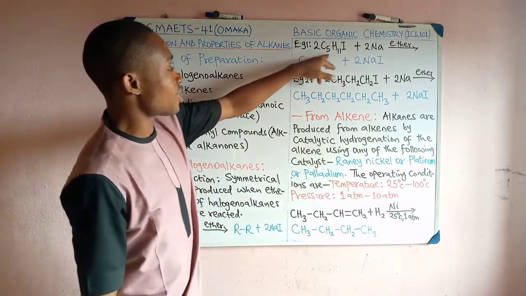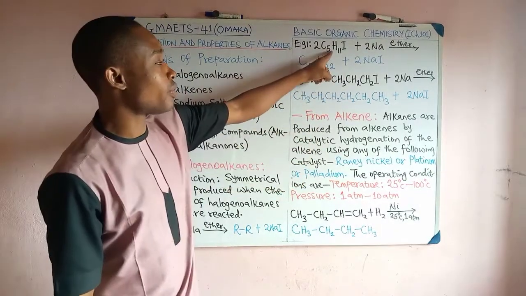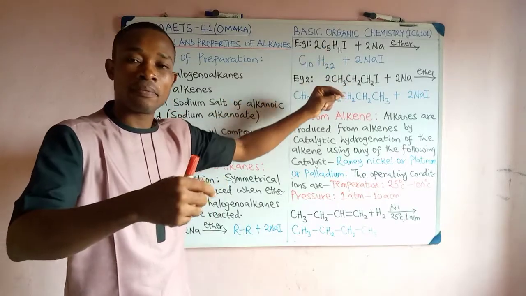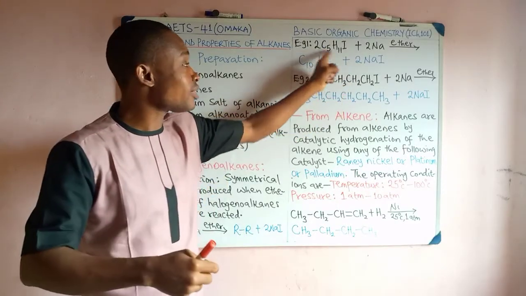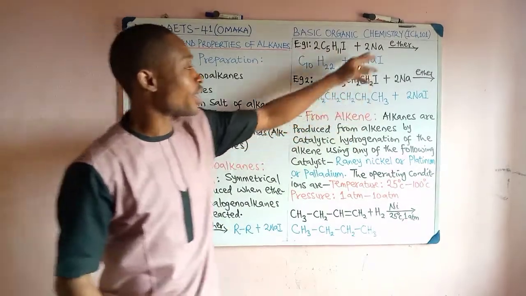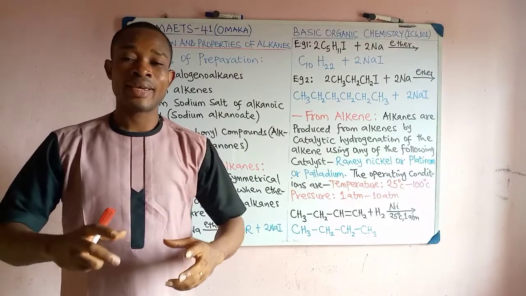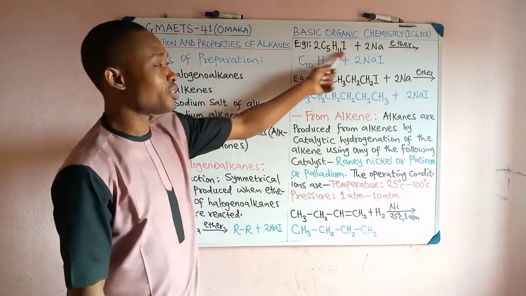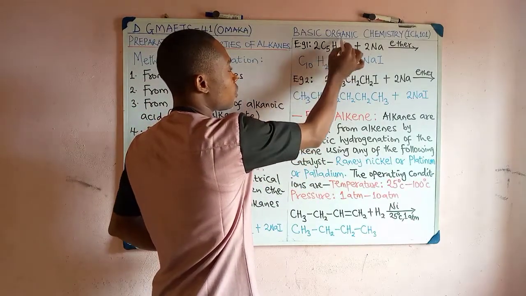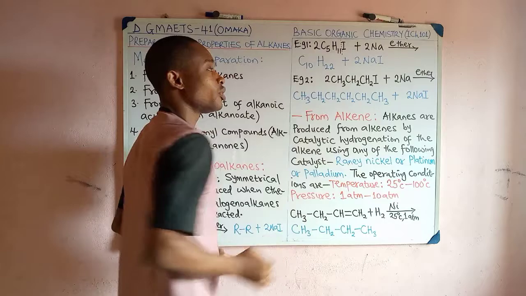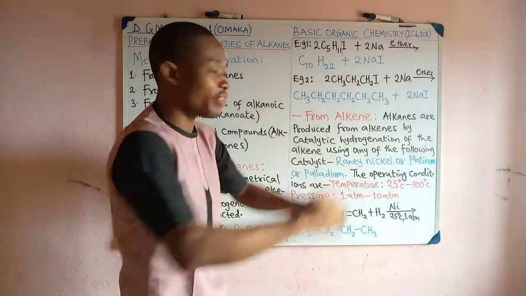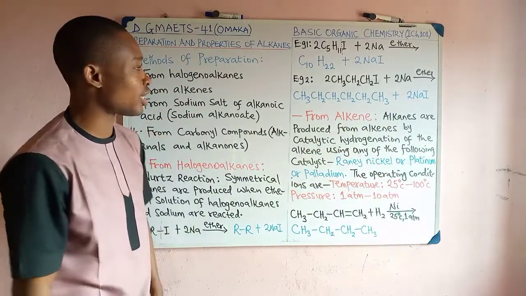Now let us look at an example here. This compound is pentyl iodide. Pentyl, 5 carbon atoms is pent. Pentyl iodide, or you can call it iodopentane. 2 moles of it reacting with 2 moles of sodium in ether. You know that this is a halogenalkane. So what's going to happen? Like I stated, at this point you have the functional group, so it's going to break here. There will be a bond cleavage. Iodine will be given off, pick sodium, giving us sodium iodide, the leaving group, because sodium iodide is not an organic compound.